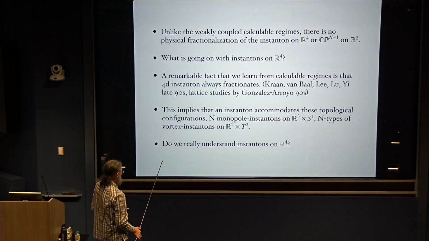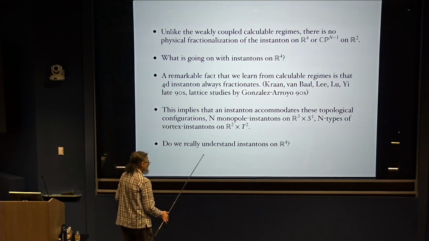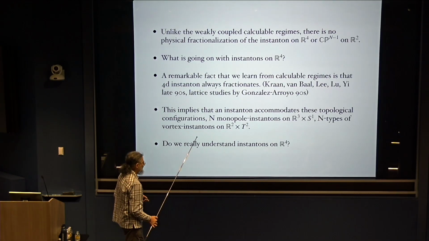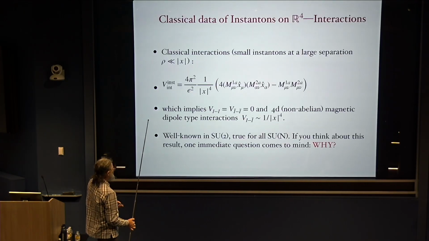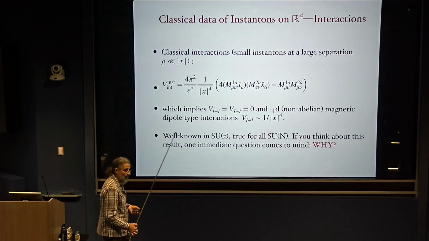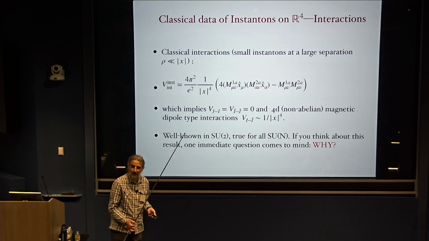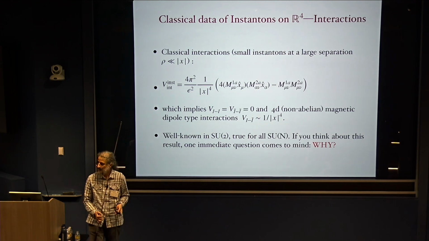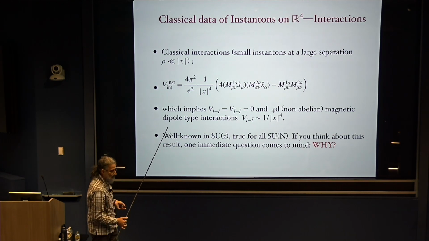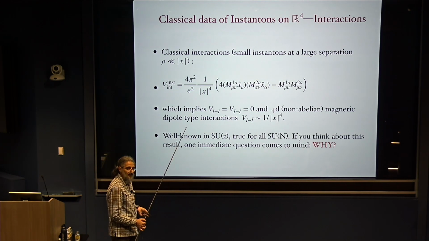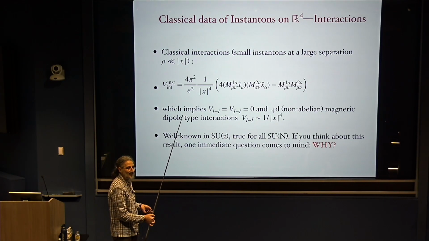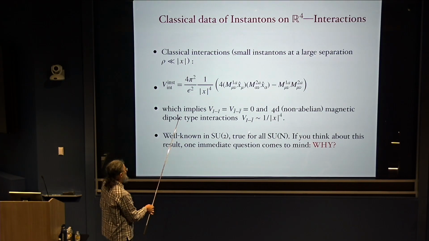Okay? So I wanted to understand the instantons on R^4 better, and we wanted to understand them better. I will give you one more classical piece of data about the instantons, which is extremely important. It is as important as the ADHM description of the moduli space, because it's also classical data on the same footing.